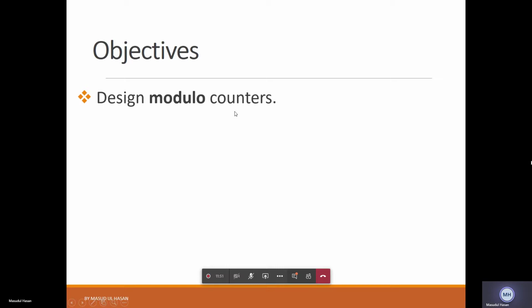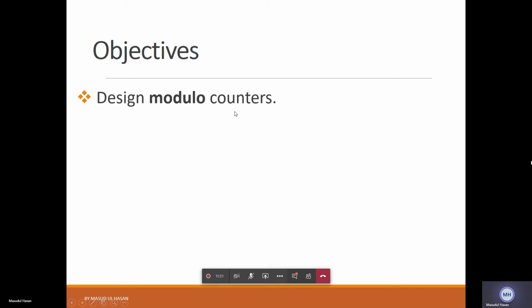If we just create the symbol of this, we'll get something like this: 3 inputs, CE, reset, clock, and one 4-bit output, which is the counter output, and one single CEO output. So these are the two symbols cascaded with each other. So this becomes what? This is now a mod 100 counter.